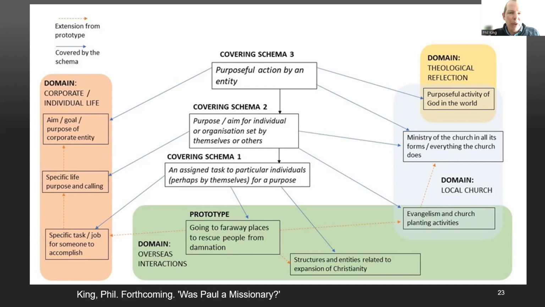That is, what we think of as mission may have a different prototype when we're thinking of overseas interactions, where I've got here overseas mission is maybe going to faraway places to rescue people from damnation. Whereas it's different when we're thinking about an organization's mission in secular corporate life, where it may be the goal or the purpose of a corporate entity, that our business's mission is to do this.